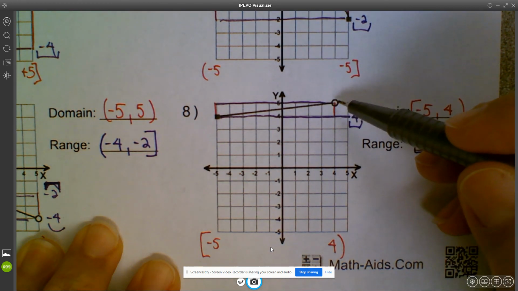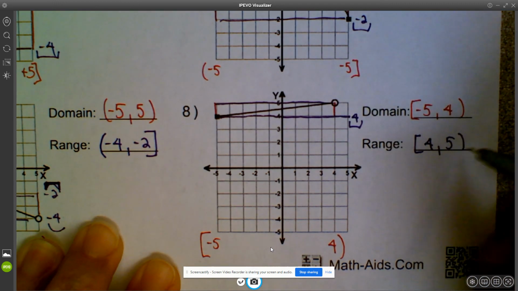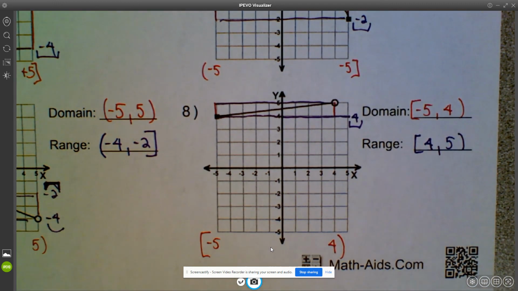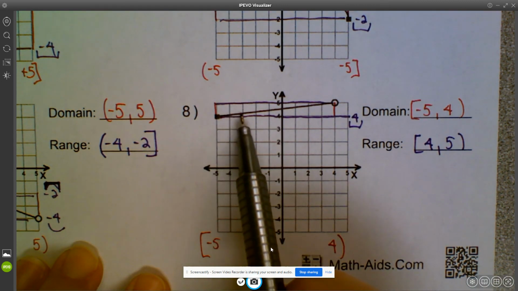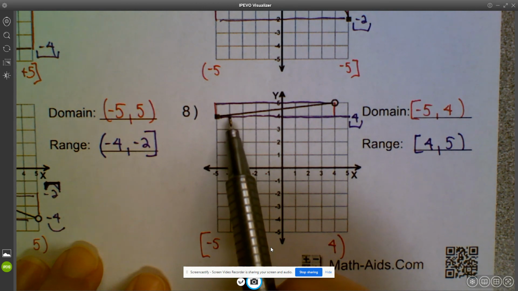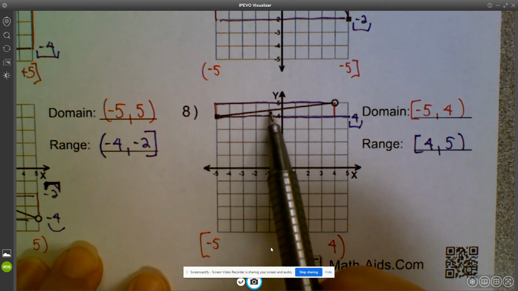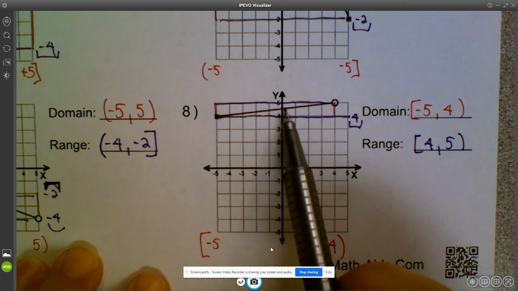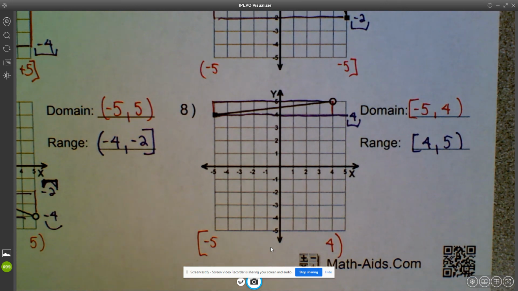Do we include the 5? No, we do not, because we have an open circle. All right, so my possible y coordinates are 4, 4 and like 1/8, 4 and 1/4. Oh, I should be doing fifths here, come on. So there's 4.5, and then it works its way up to 5, but we do not include the 5.